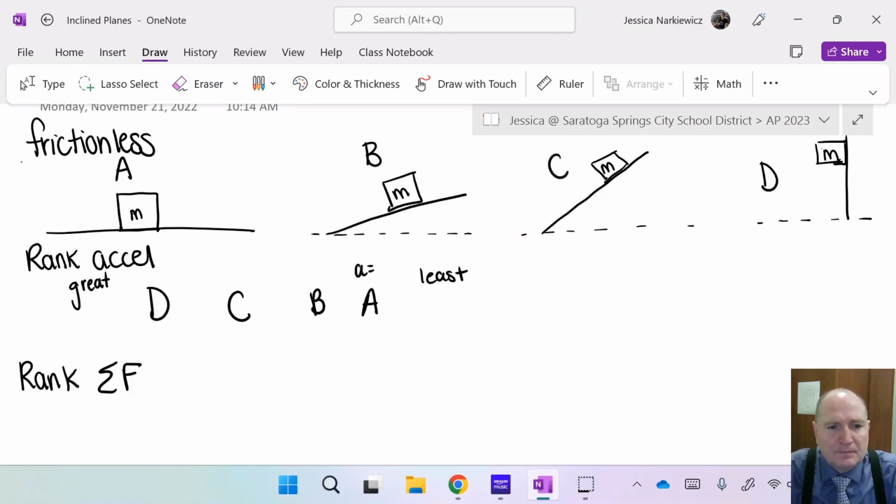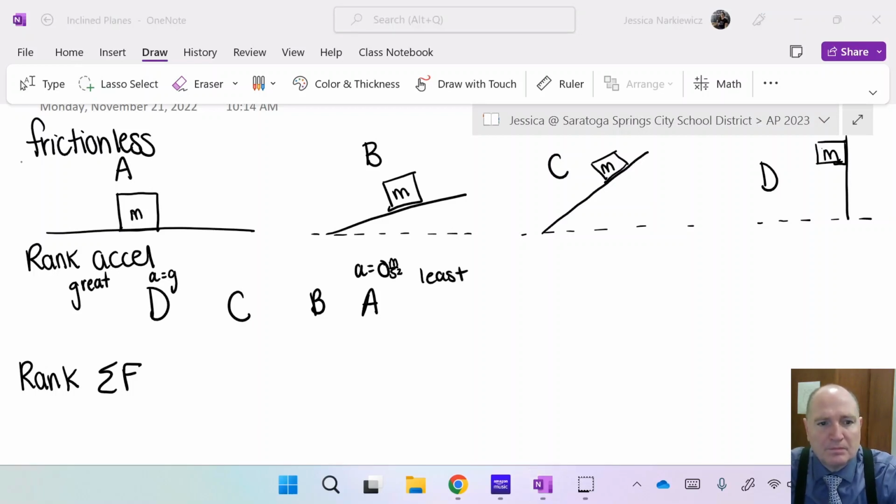So A, because there's no net force, we can recognize that A has 0 acceleration. And D, well, D is just going to fall straight down, which means D is probably in free fall. So D likely has an acceleration equal to g. C has something a little bit less than g, and then B is something a little bit less.